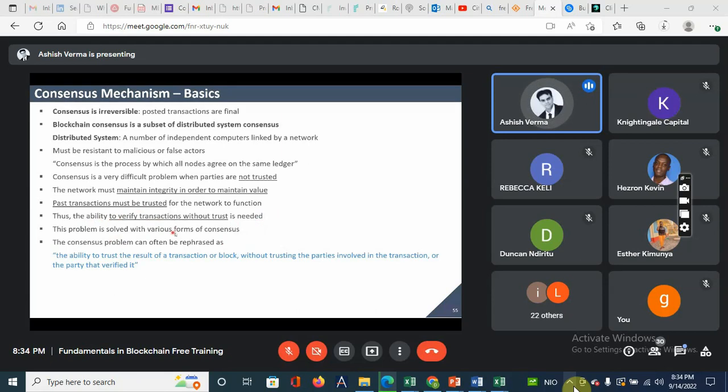This problem is solved with various forms of consensus. We'll see proof of work and proof of stake are the most famous ones, but there are multiple other consensus mechanisms which we follow. The consensus problem can often be rephrased as the ability to trust the result of a transaction or block without trusting the party involved in the transaction. So we are just saying the same thing in a different way.